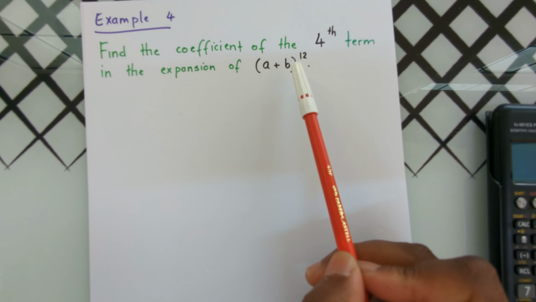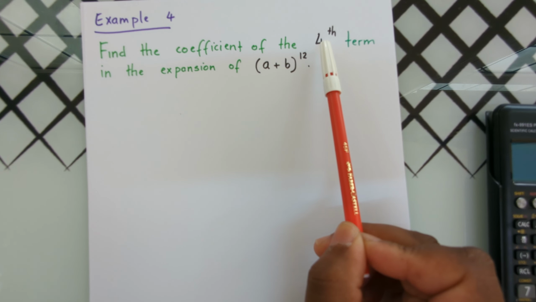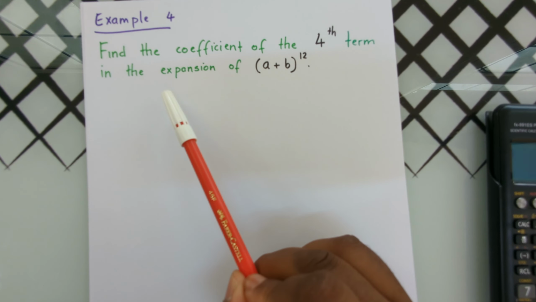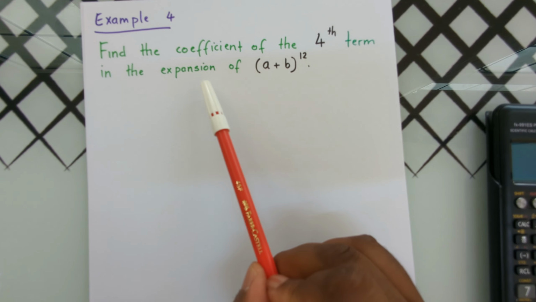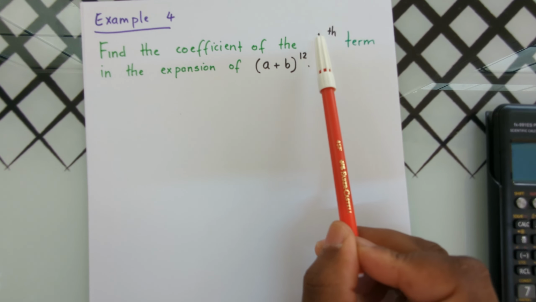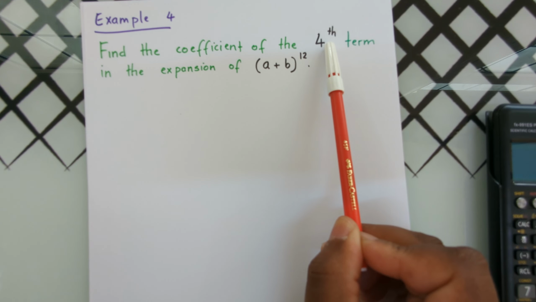So what we need to know is our value for r. Remember our r starts from 0. So when r is 0, it is the first term. When r is 1, it is the second term, which means that for us to get the fourth term, r will be 3.